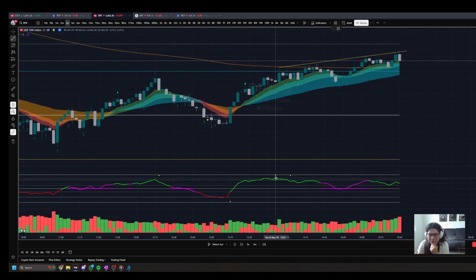The 3 minute was a bit more clear. And I kept noticing that SPX kept making higher highs, but the oscillator wasn't. And I noticed too that it was lasting a long time. It kind of happened about an hour before close. And it made me think, you know what, this might really start to drop if it does.